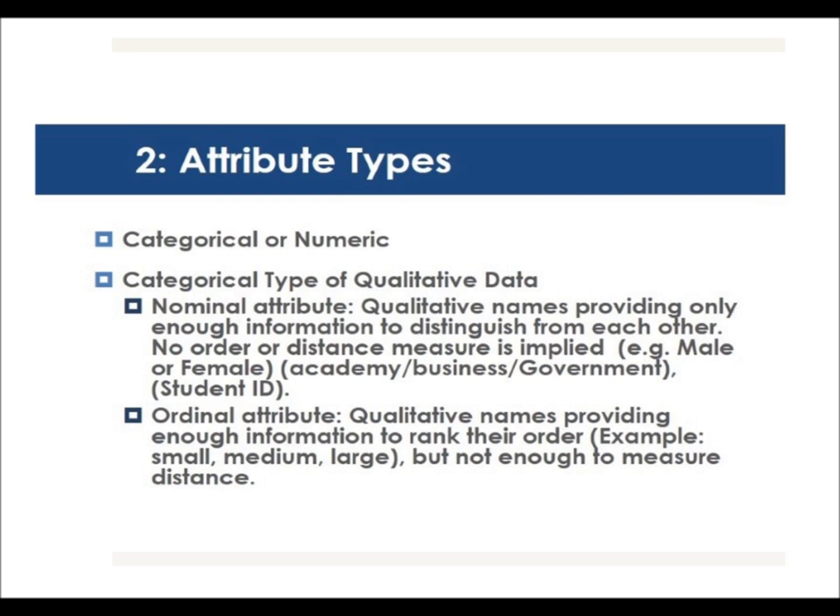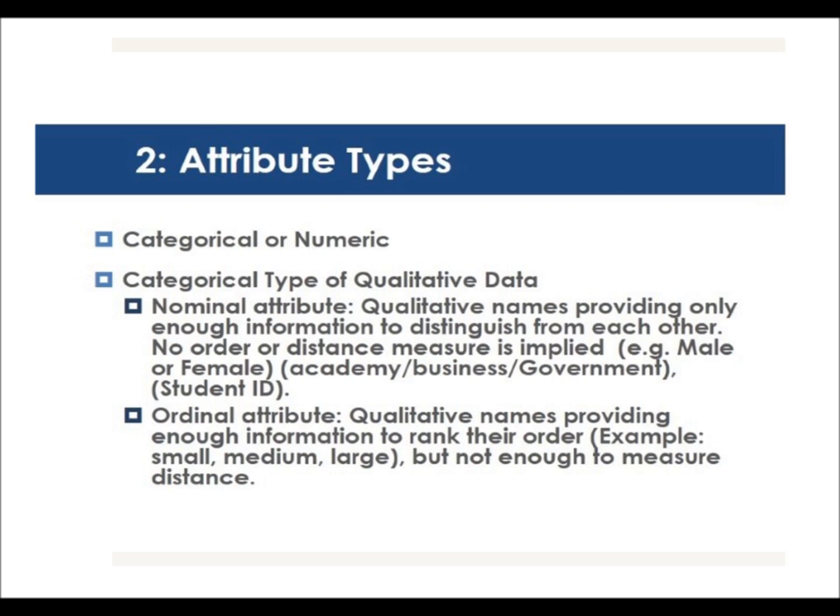One is called nominal attributes. Nominal means it's just the name. The only purpose is to distinguish from others. For example, male distinguished from female, and the sectors of industry, government, academic, business distinguished from each other.